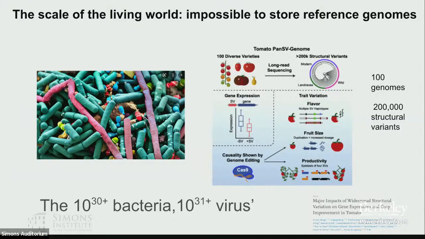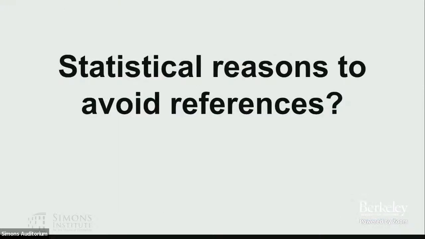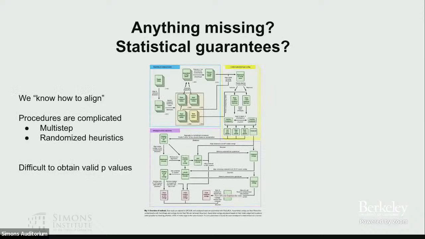And although we still attempt to assemble reference genomes, they're almost certainly incomplete. Okay, so I think these are strong biological reasons to try to avoid references, but are there also statistical ones? And I would say, as a statistician, yes.